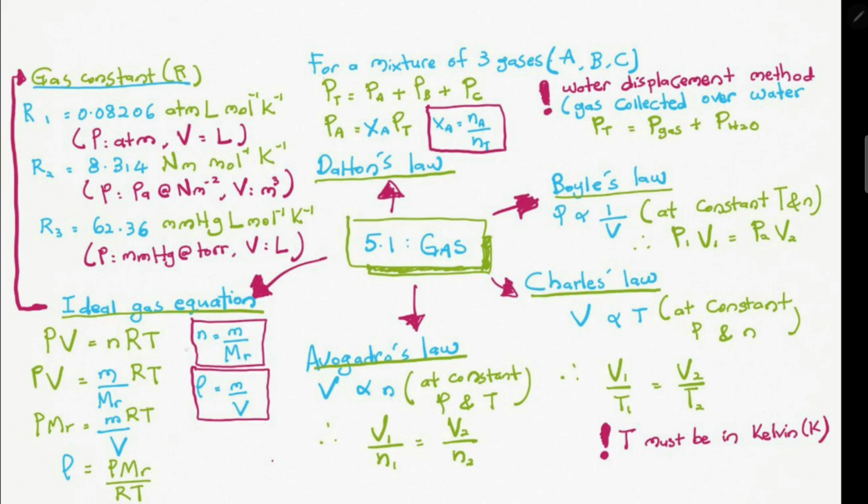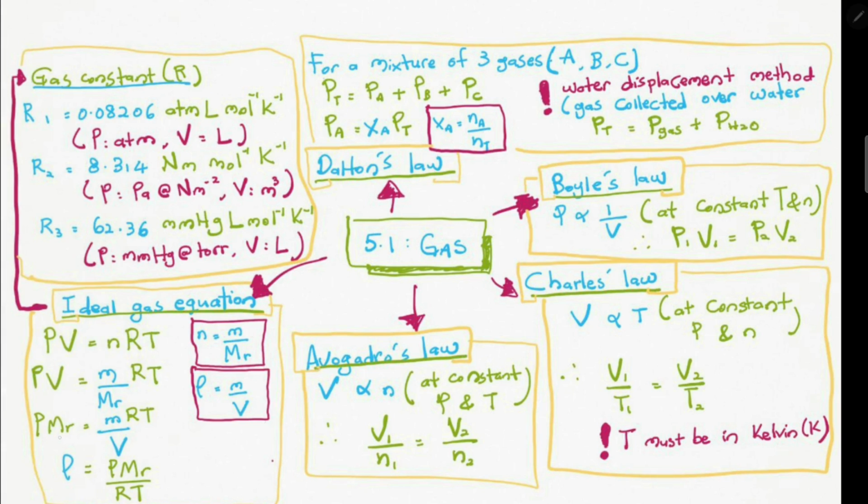When we substitute the formula of number of moles equal to mass over molar mass, we get PV equals m over M times RT. Then we rearrange the formula and get P times M equals m over V times RT.